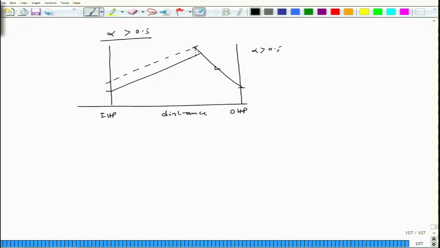Then you can see that this becomes my alpha nF eta and this becomes my (1 minus alpha) nF eta, and you could see that these two arms, the ratio is greater than 0.5, which is alpha.